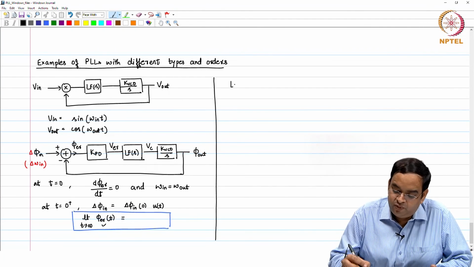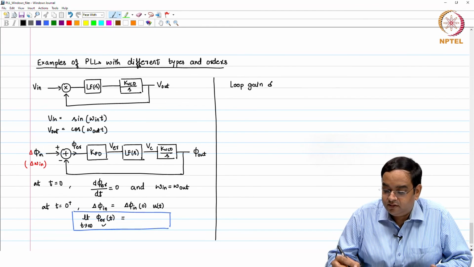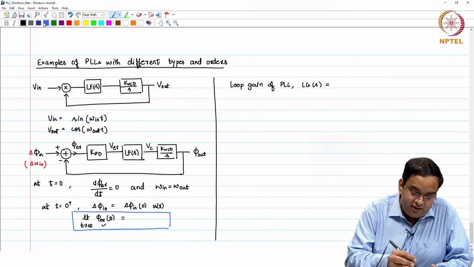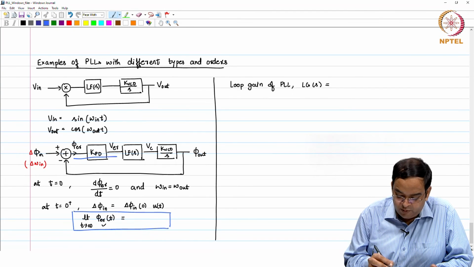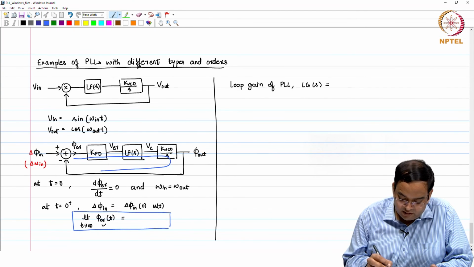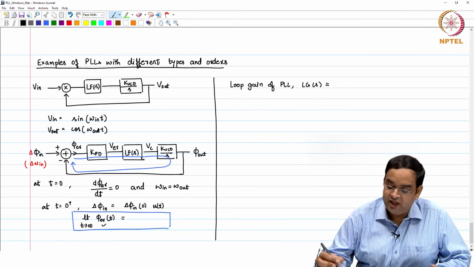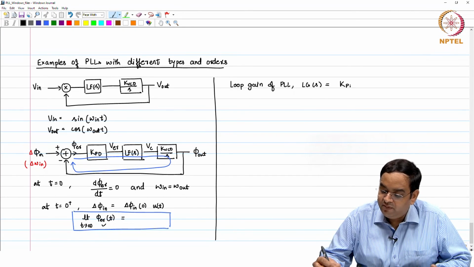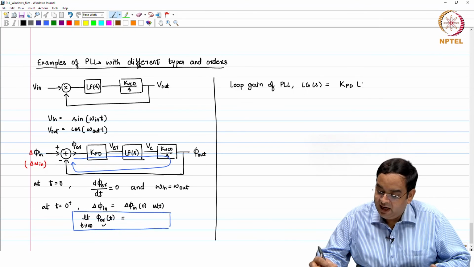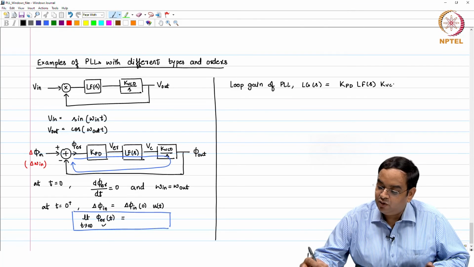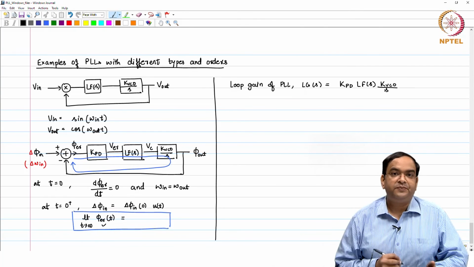First, the loop gain of the PLL is given by Lg of S. Loop gain of the PLL, you see that this is the loop and we are considering when you apply a change what comes back, that is the loop gain. This loop gain is equal to Kpd times Lf of S times KVCO over S.